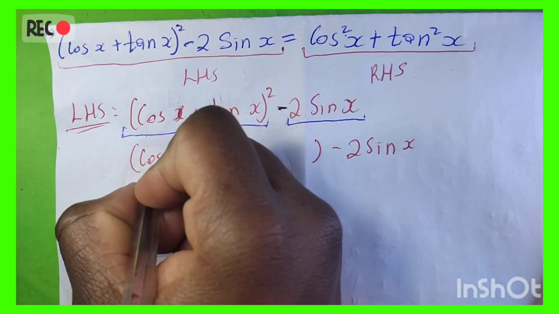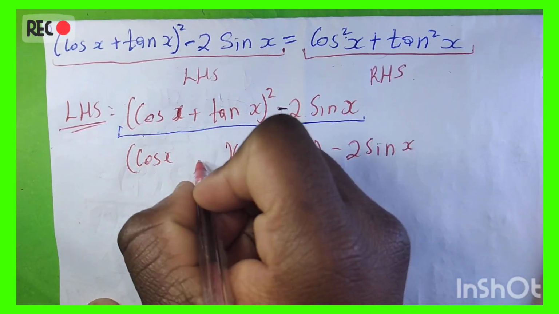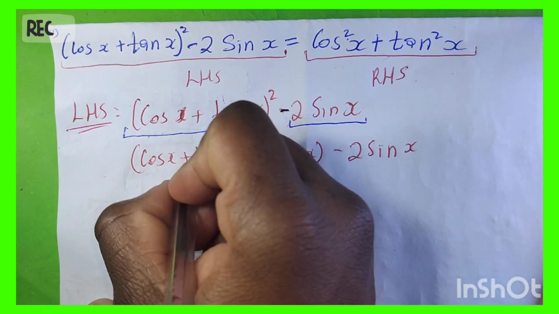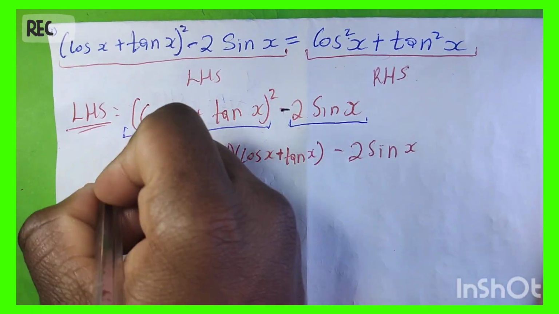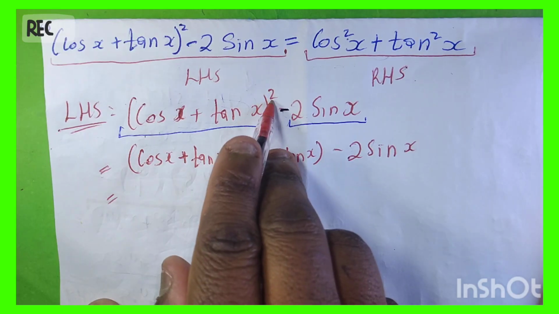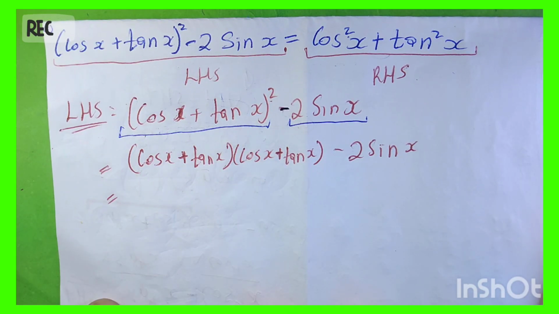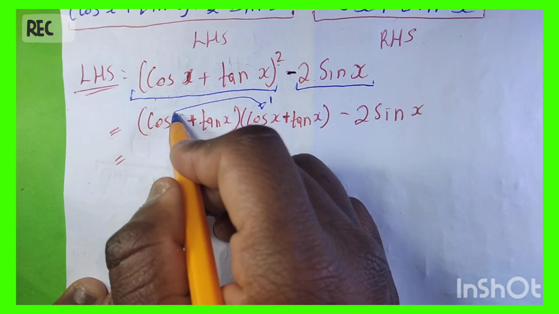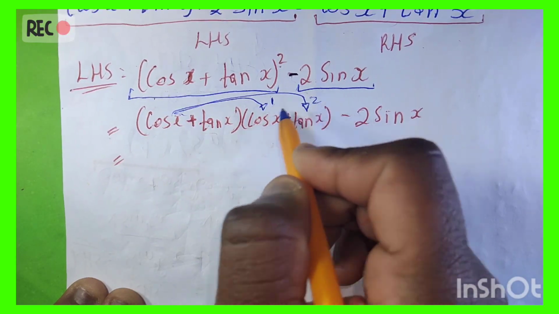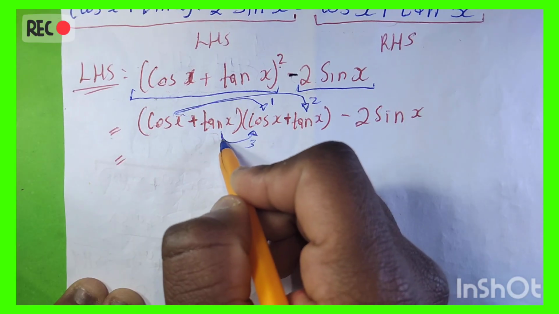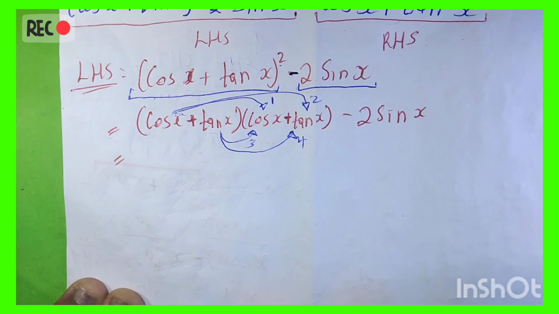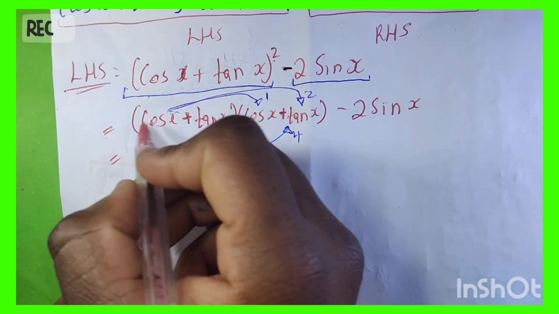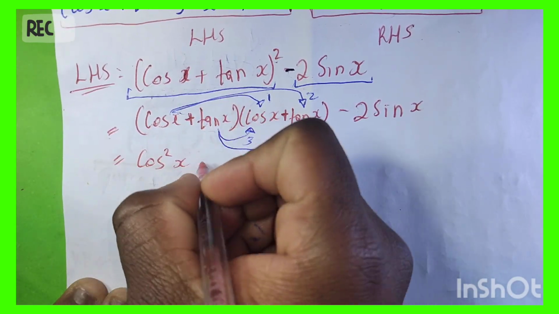Meaning this thing there is cos x, tan x, tan x, and here they've got those two plus. That 2 represents twice, as you can see. Now this multiplies here 1, here 2, here 3, and that one is 4. These two things, when they multiply, give me cos squared.